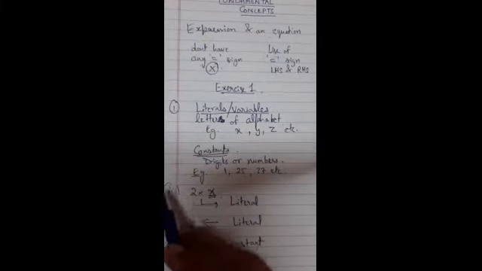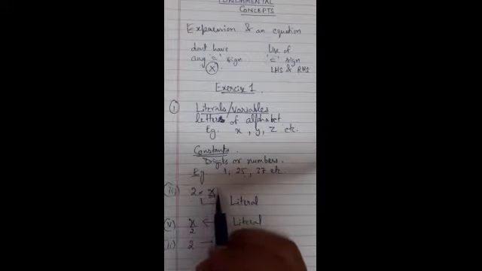Let's begin with the third part, which says 2 into x. Whenever there is a combination of a constant and a variable, that is, a letter of the alphabet, the complete term will be called a literal.